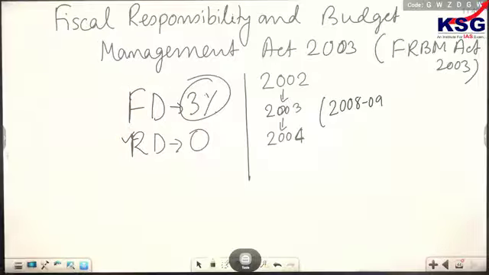With an annual reduction target of 0.3% of GDP per year by the central government, which is effective from fiscal year 2004-5.